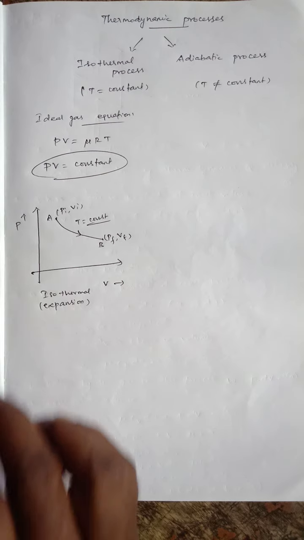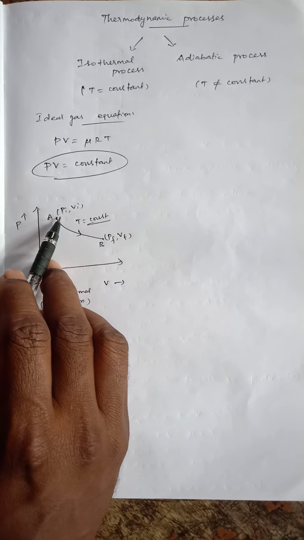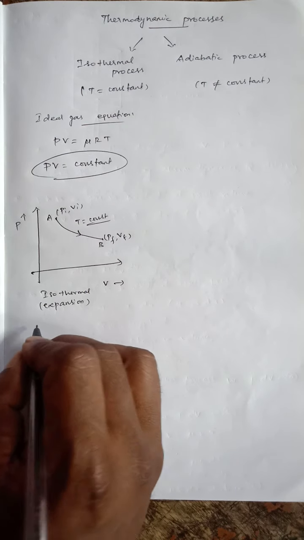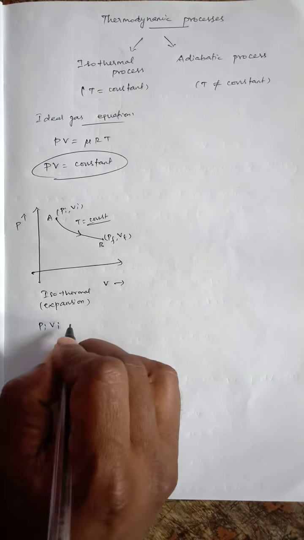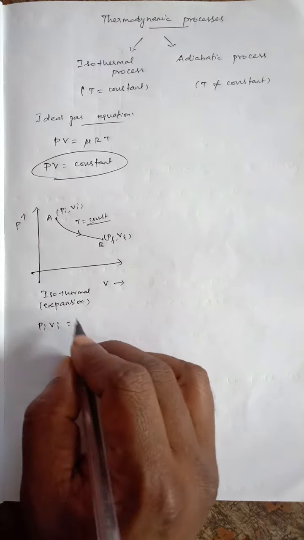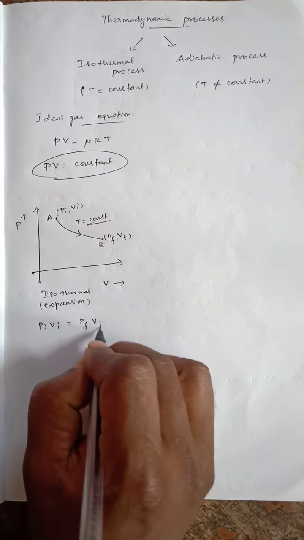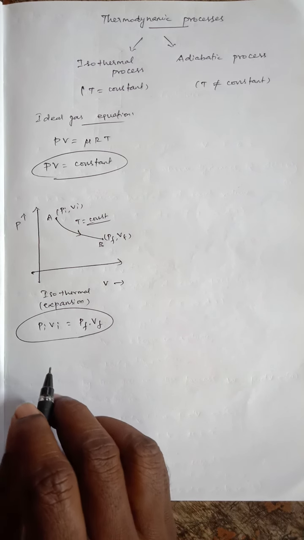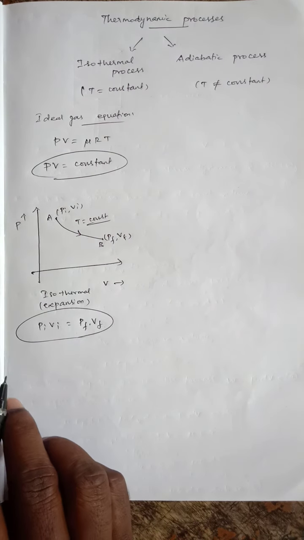Here, initial pressure and initial volume we write as Pi Vi, and at the final point B, Pf into Vf. All are equal, constant. So we get a hyperbola like this.